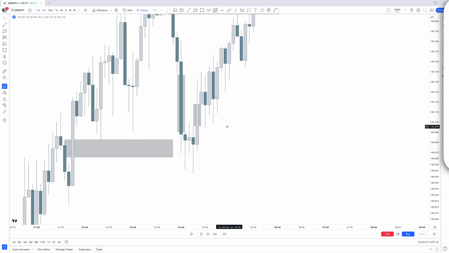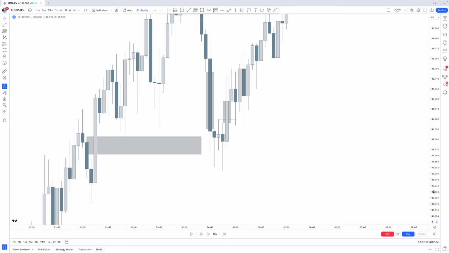The first question we ask ourselves, if it is a breakaway gap, is there a discount array that is higher than this fair value gap right there? No, actually not, because the breaker sitting right there is below the fair value gap or halfway through the fair value gap. So the fair value gap, the opening of this fair value gap is higher than the breaker we have right there. Perfect. That might indicate that this is a fair value gap.